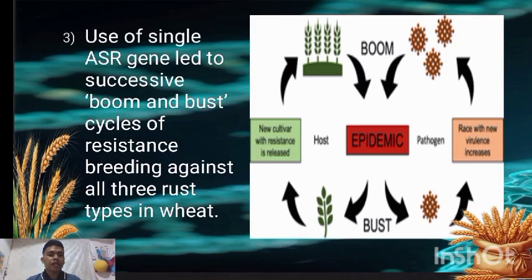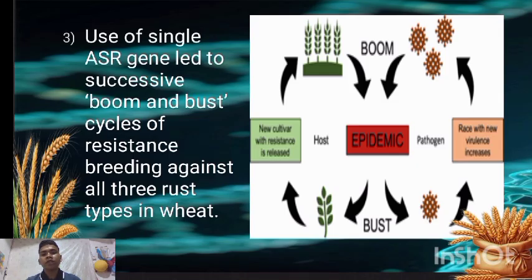In the first place, the ESR can give you good resistance in your wheat crops, but through the years it will be overcome by the fungi, because the fungi will evolve to the specific resistant gene that you have employed in your crops.